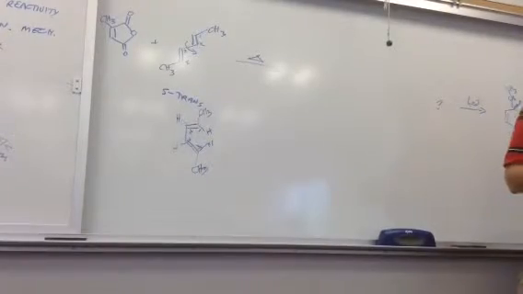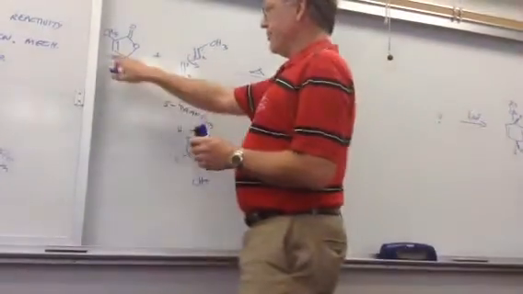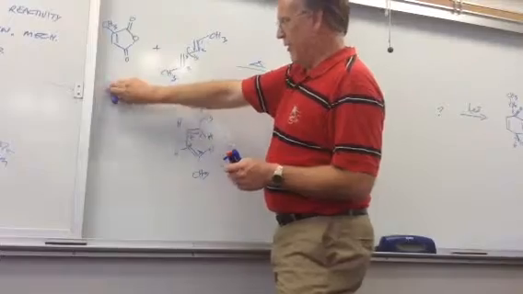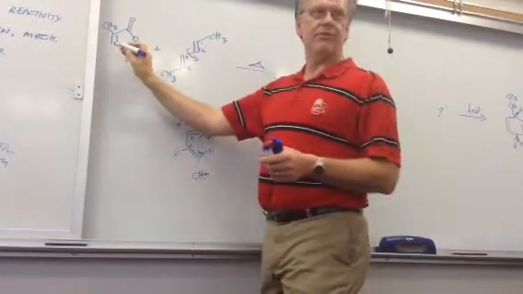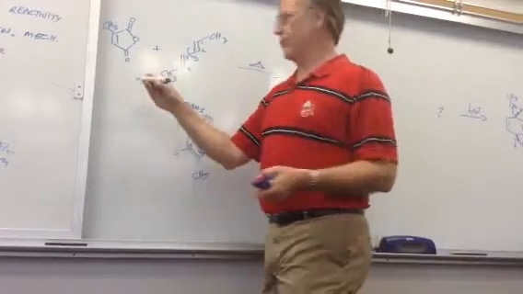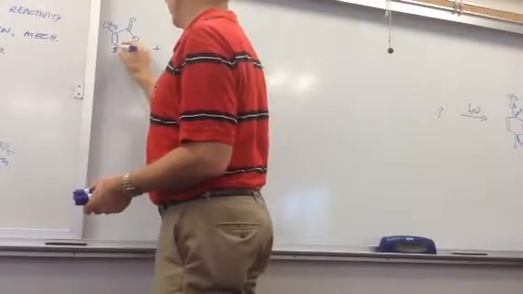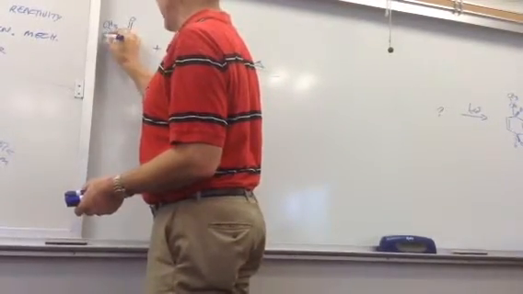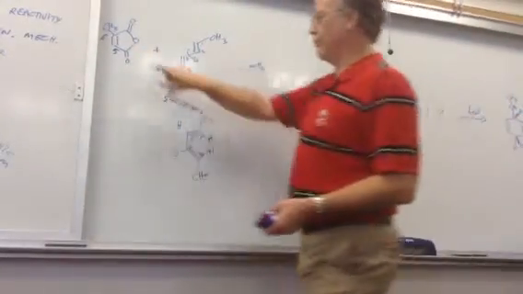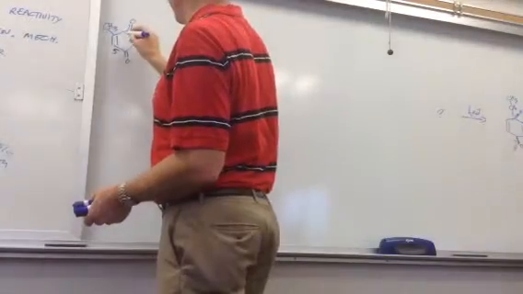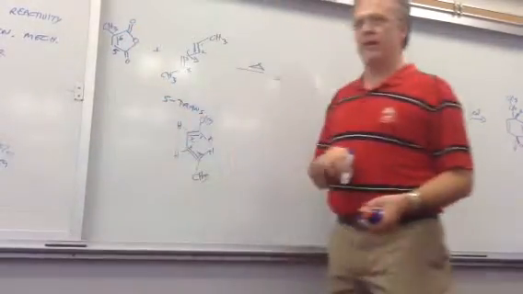Add your 5 and 6 to your diene. So add 5 and 6, and up here it could be 5 and 6 or 5 and 6. We can do it either way. We'll probably get either diastereomers or enantiomers. So we'll number the top one 6, the bottom one 5.